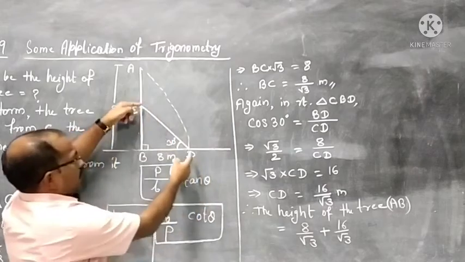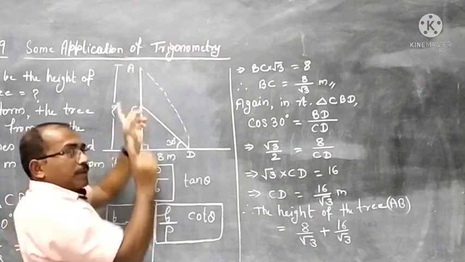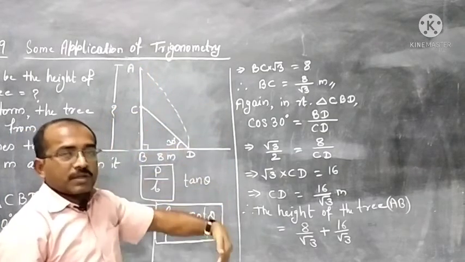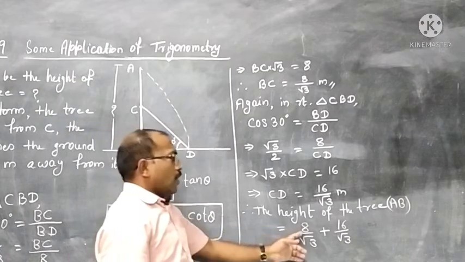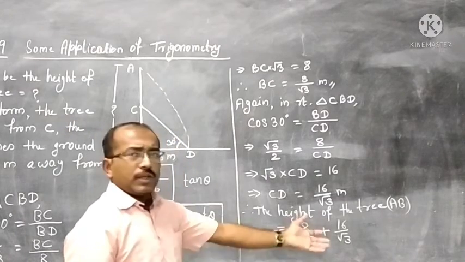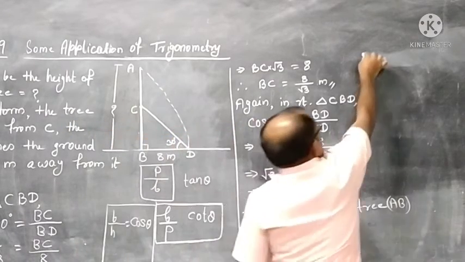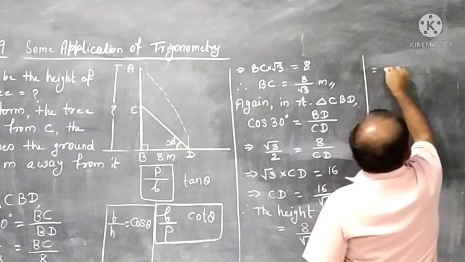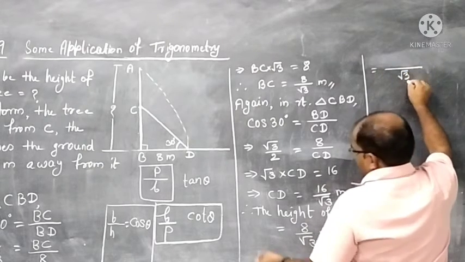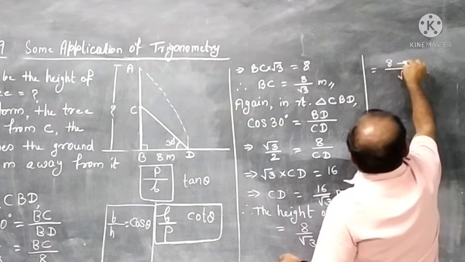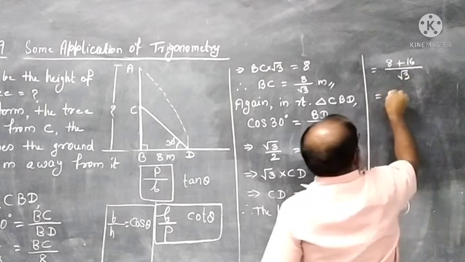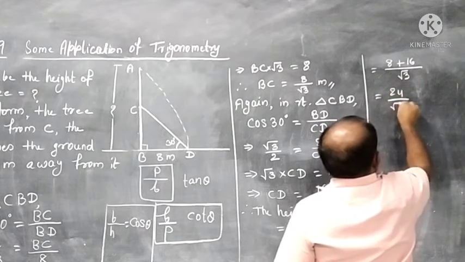Here I want to clarify CD and AC will be equal, because that is the same part which has come down. So, now how to add them? Root 3 we will take LCM. Root 3, 8 and 16, we will get 24 by root 3.